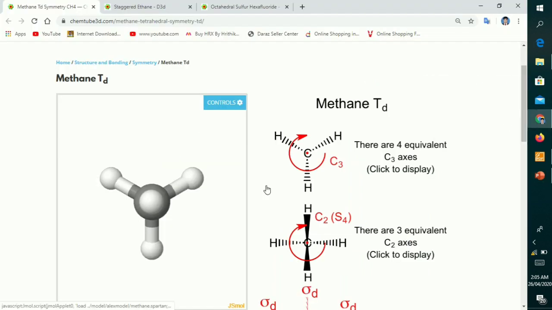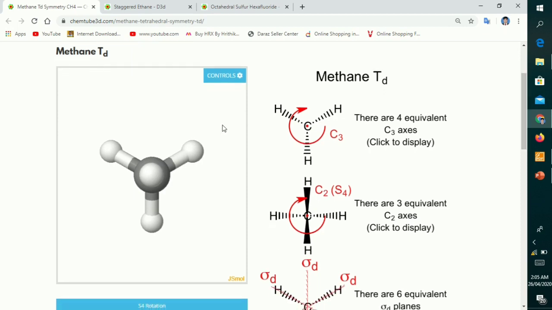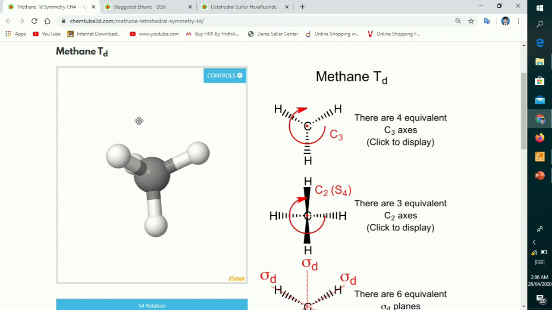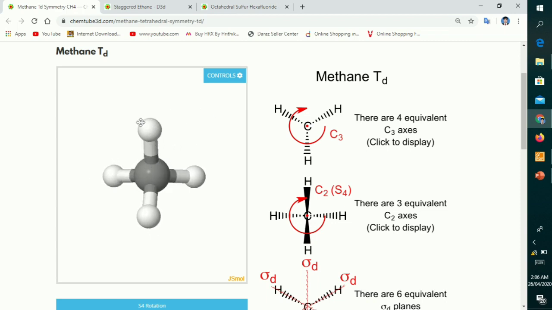Here we can see this is the CH4 molecule, with the hydrogen on your observer side. Now I would like to show the C3 axis in the CH4 molecule.